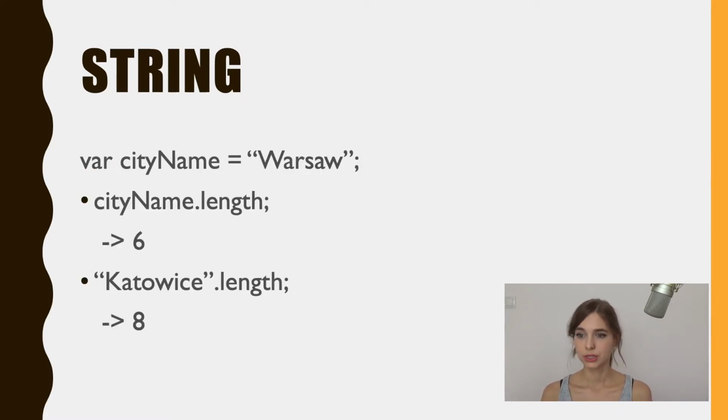So we have this variable, city name. I'm from Poland, so I used Warsaw. And we could access the length property on that city name. That's our variable. That would return 6.